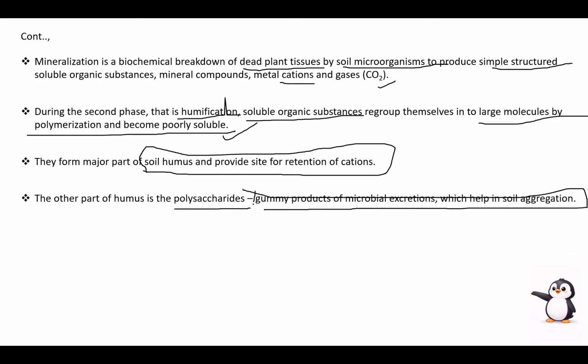That's why, if a soil is affected by acidity or alkalinity, the first recommendation is to add soil organic matter or decomposed manures. Why? Because it forms good soil aggregates, physical conditions are improved, and nutrient retention is very good, which leads to good soil fertility.